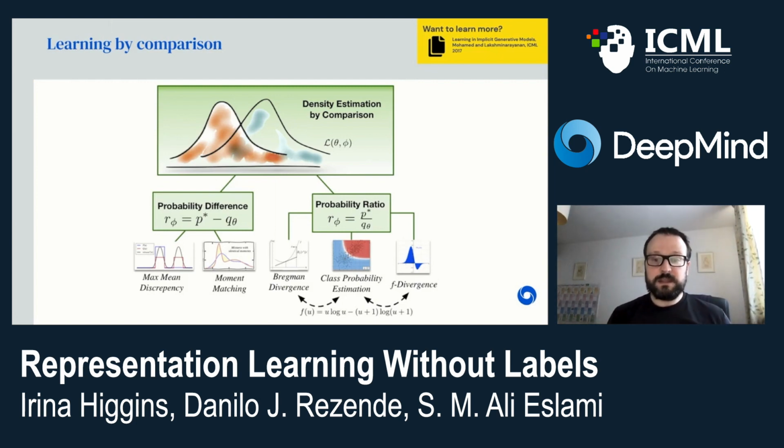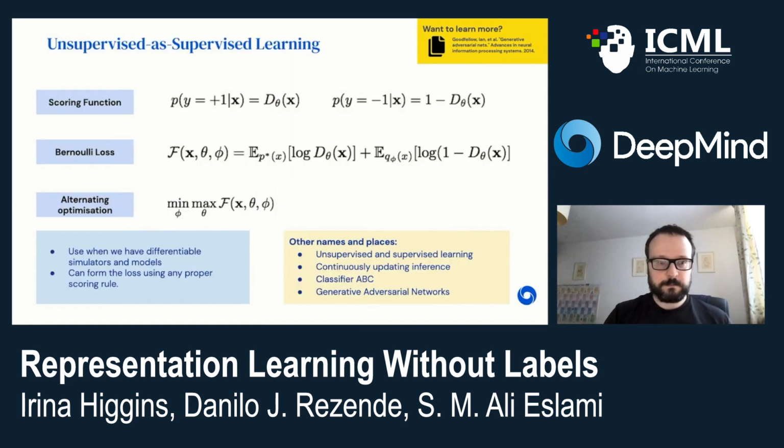So how do you estimate the probability ratio without explicitly computing the densities? Well, it's known that a classifier should do exactly that. A classifier that's trained to distinguish samples between model density and data density should learn exactly the probability ratio between the two densities, if optimization works.